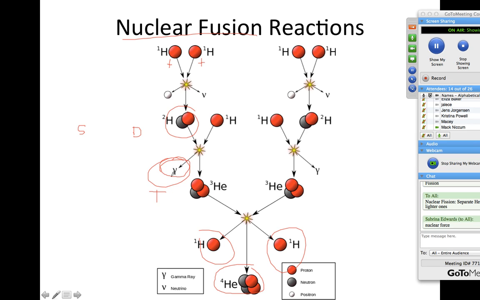So when you total all the reactions, all these gamma rays, then you have a huge, huge powerhouse, okay? That is where the energy of the sun comes from.